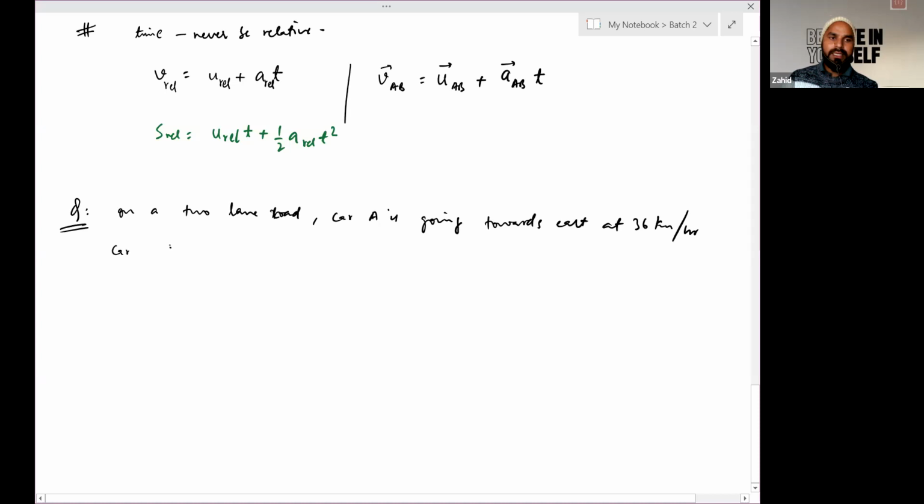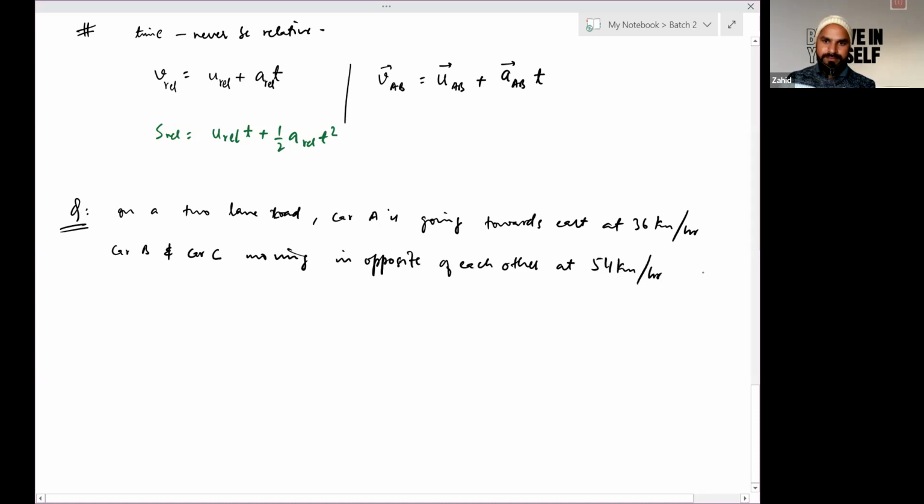Car B and car C are moving opposite to each other at 54 km per hour.